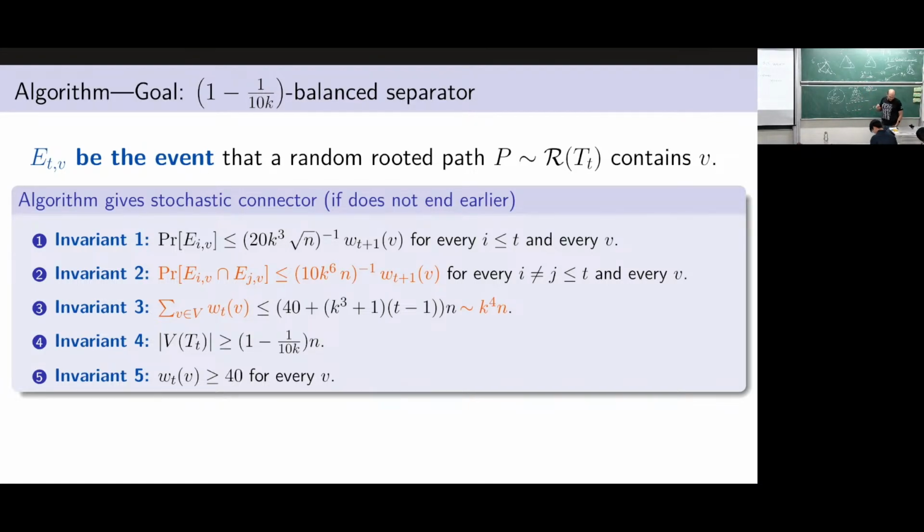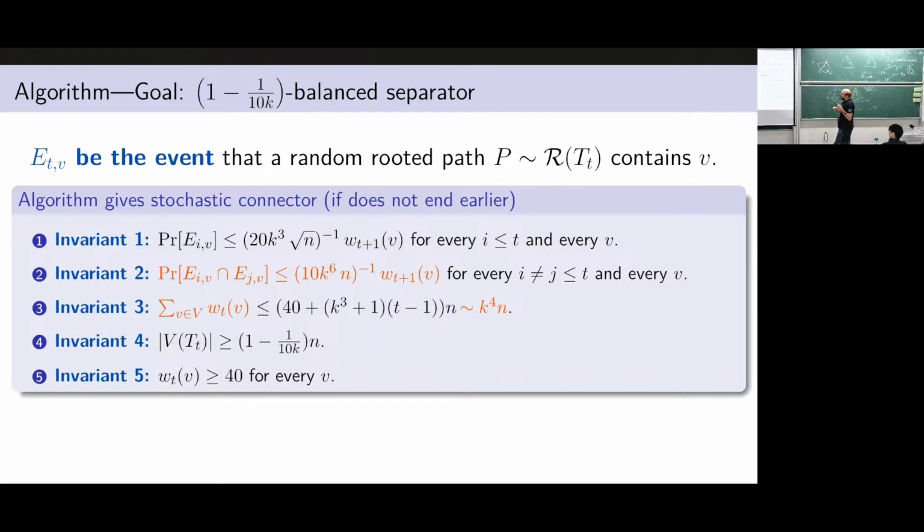Then we are interested in this probability for two different trees. What is the probability that they overlap? So if I look at two different trees, how is it possible that they overlap? And we have fairly small probability that this happens. And now we have this for a fixed vertex v, but actually we can take a union bound over all vertices.